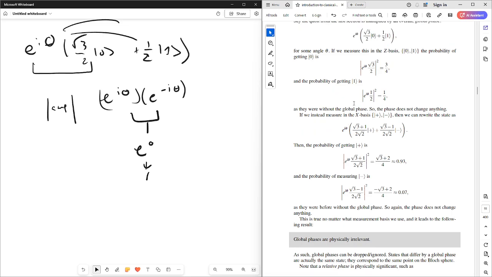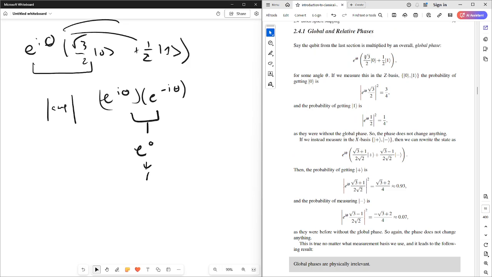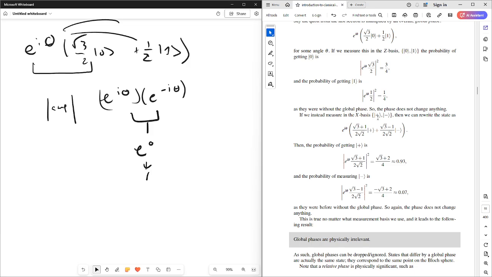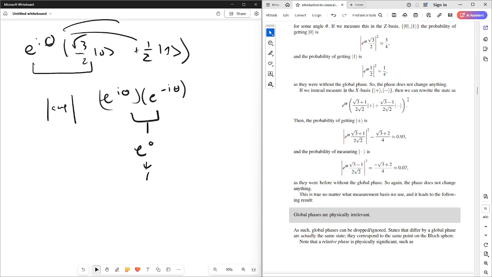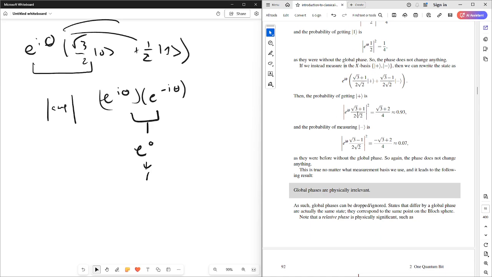This is based on the previous example they had earlier. If you're measuring it in the x basis, you would take this, plug in what you know about the 0 and 1 states in the plus and minus basis, and then calculate that out. That's what we showed earlier. Then the probabilities are once again unaffected by the global phase.